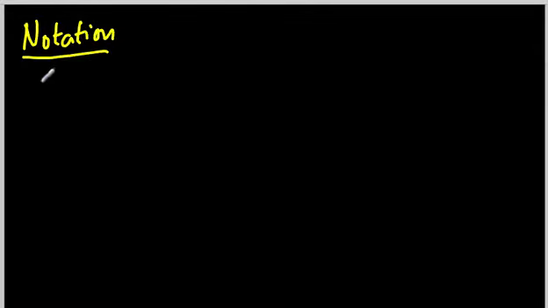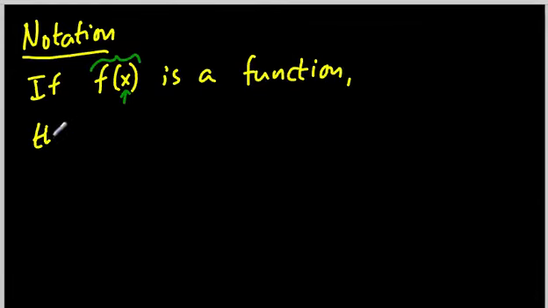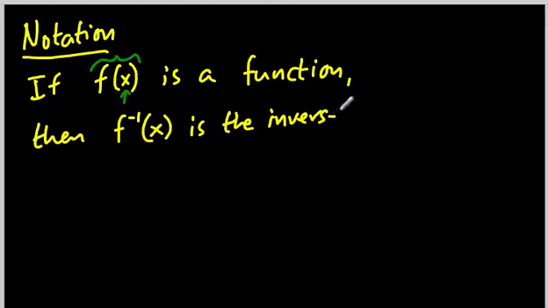If you remember, if f of x is a function, and a function is something that has an input x, and obviously this is the output, then if f of x is a function, we put a little -1 there, and then f^-1 of x is the inverse function.